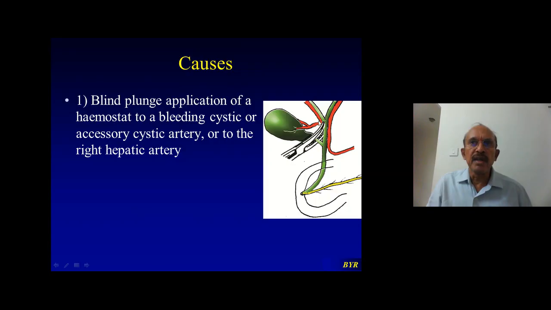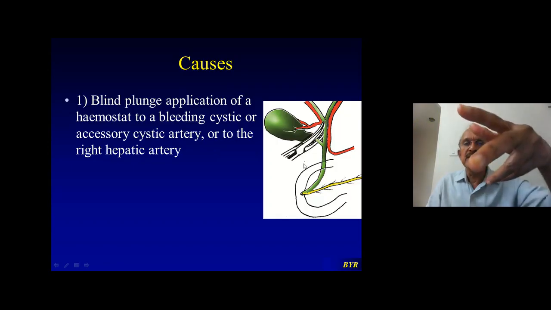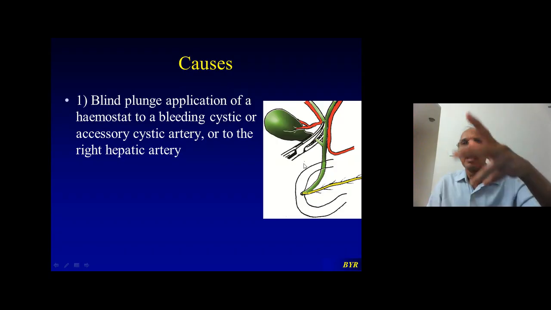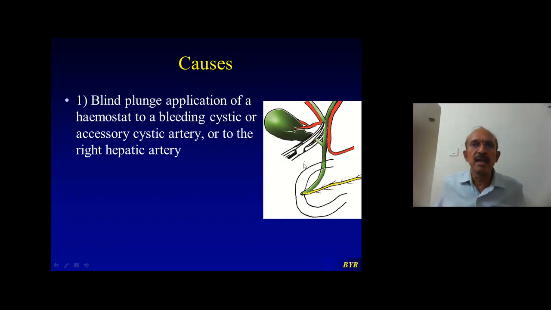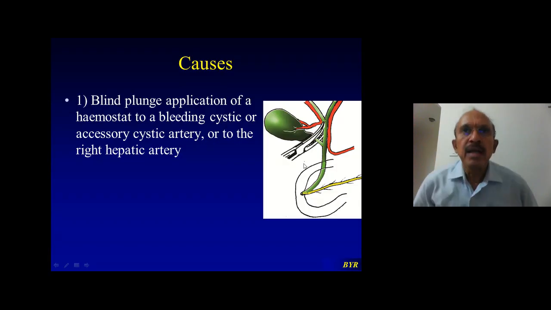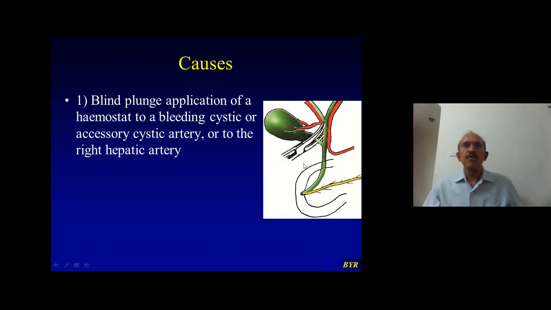There may be injury to the right hepatic duct, or there may be injury to the cystic duct. So any of these things will be injured if you just push a hemostat into the pool of blood and try to occlude the bleeding point. That's why blind plunging of artery forceps into the depth of a wound where there's pooling of blood should always be prevented.